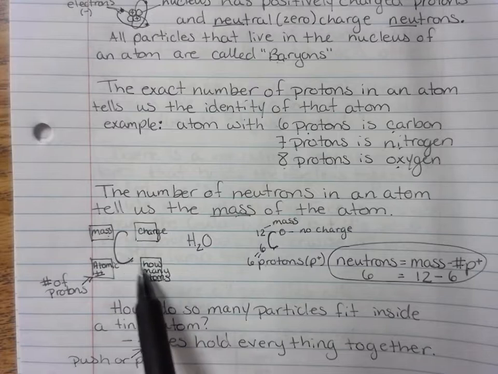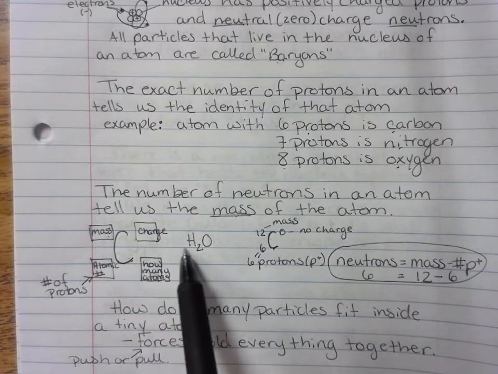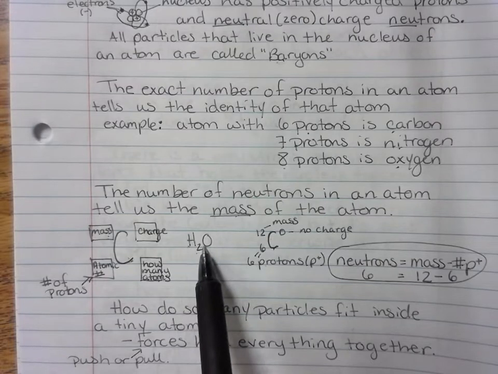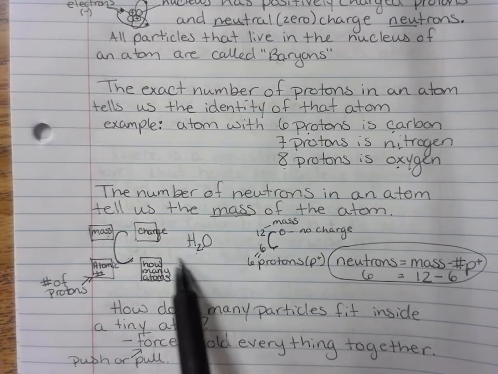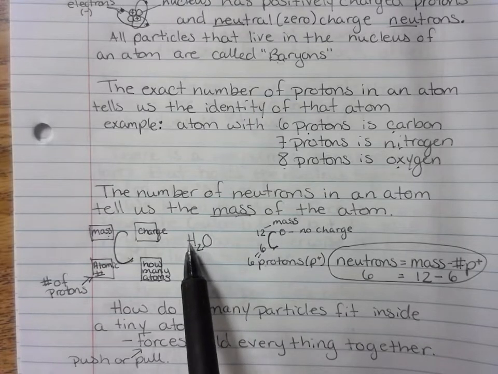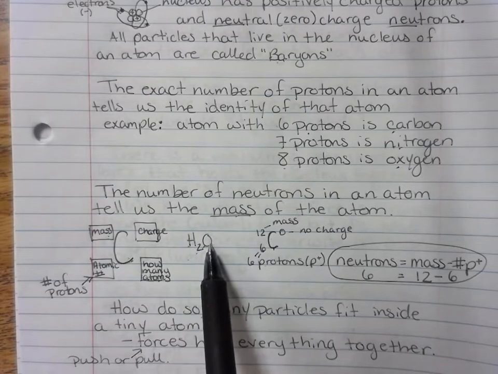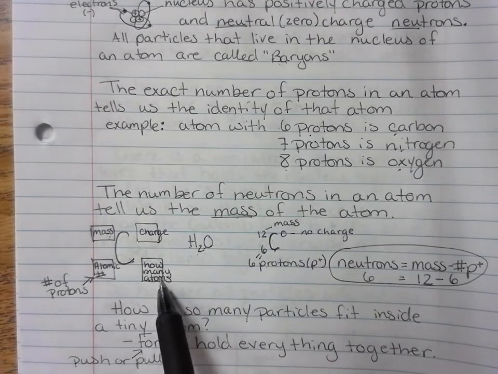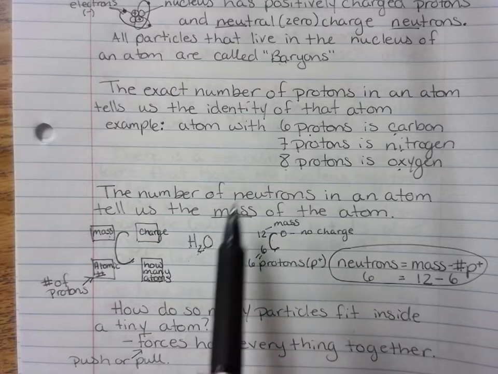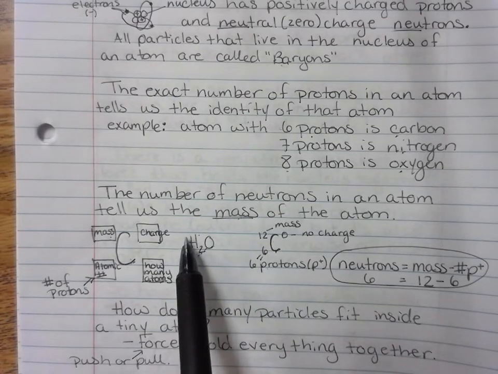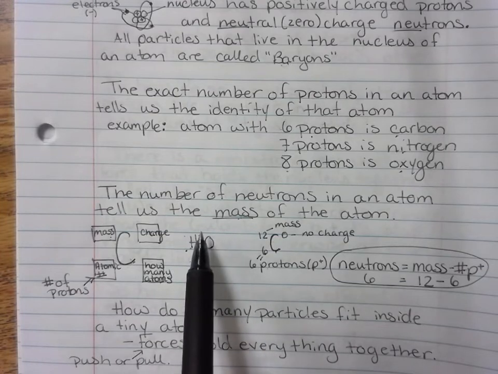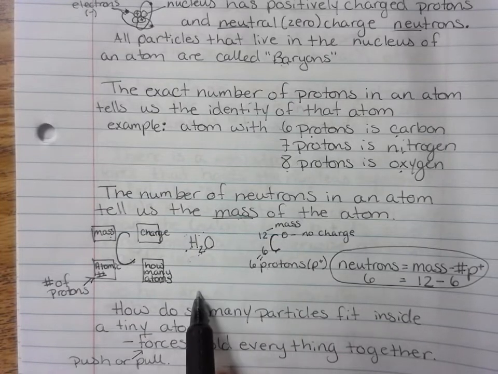How many carbon atoms do we have? So for example, this bottom number here, H2O, that's our chemical symbol for water. The 2 tells us that we have 2 hydrogen and 1 oxygen. So that 2 down in this box doesn't give us any information about the charge, the mass, or the number of protons. Those are all blank, so we don't have that information.